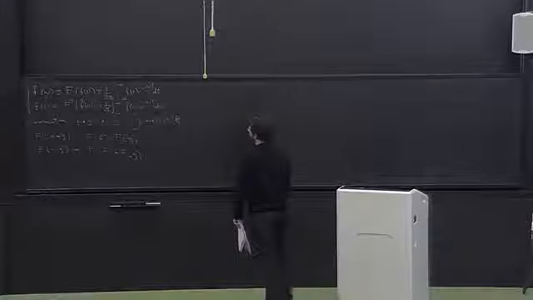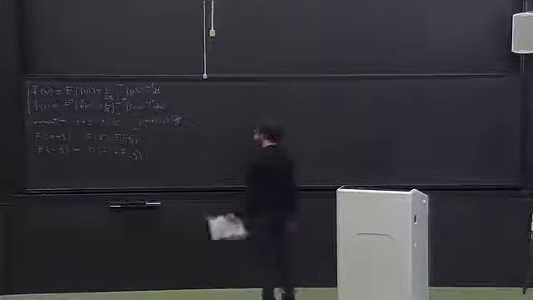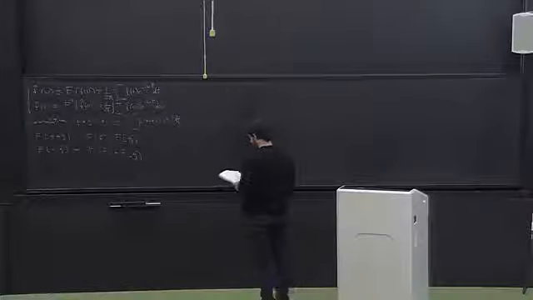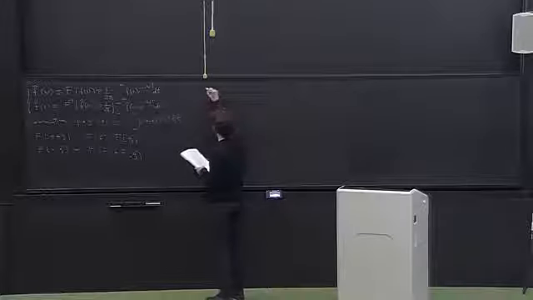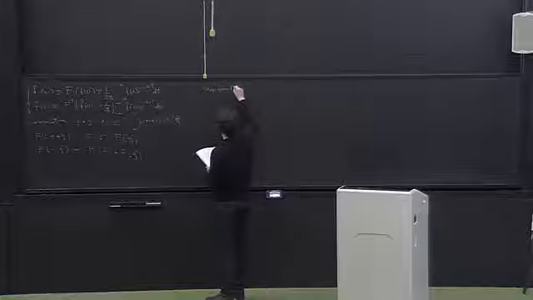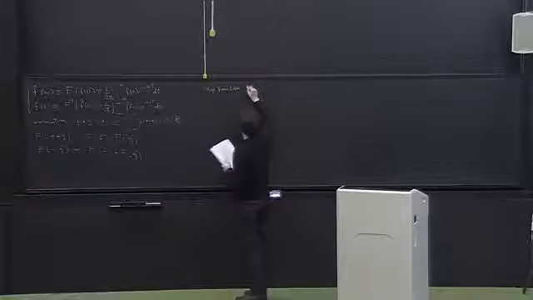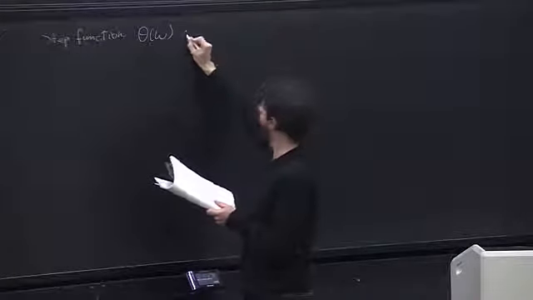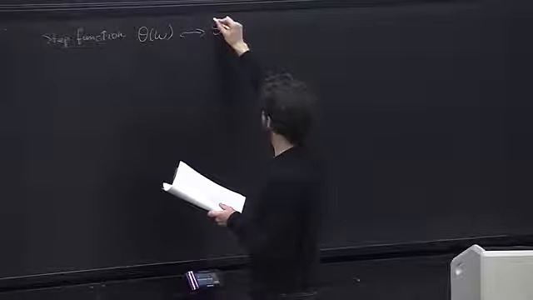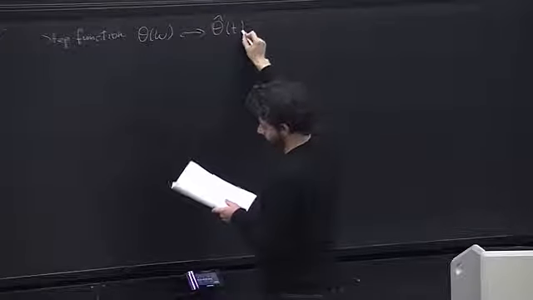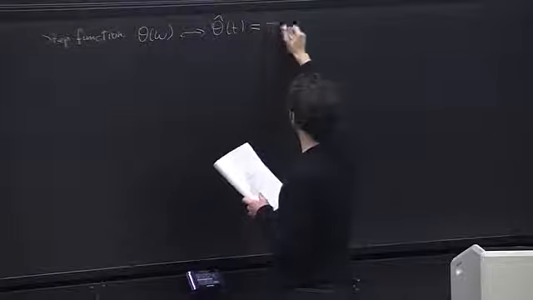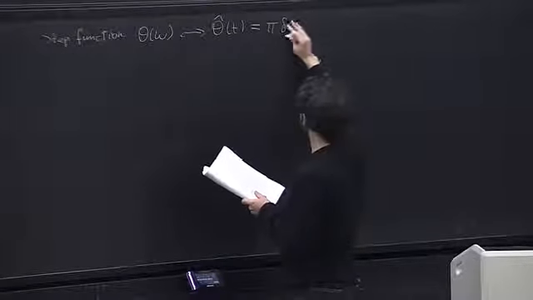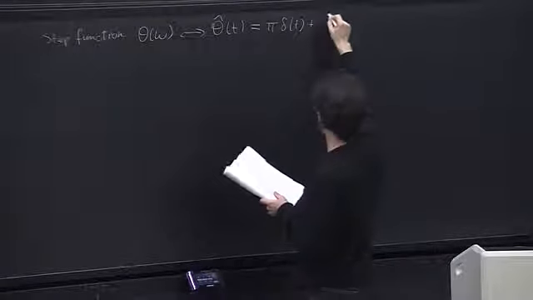Then let me also write down two special functions that we will use and see how they transform. One is the step function, theta omega, that will transform to theta t equal to pi delta of t plus i over omega.